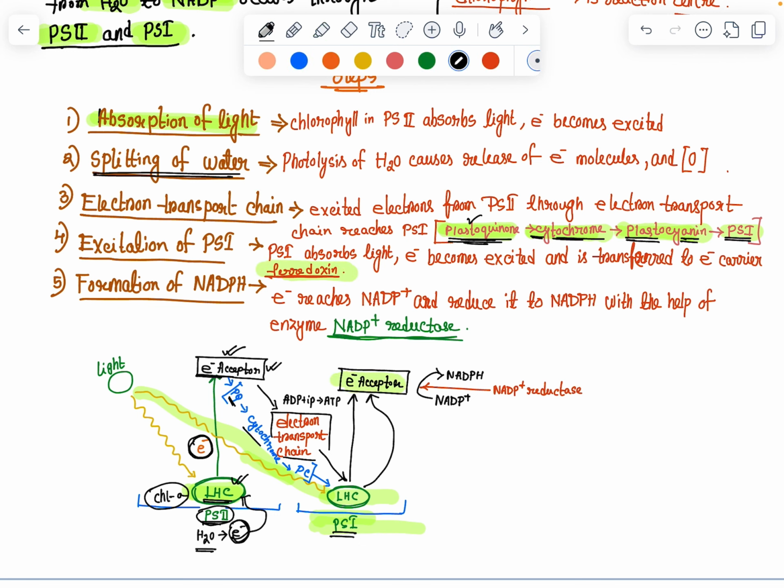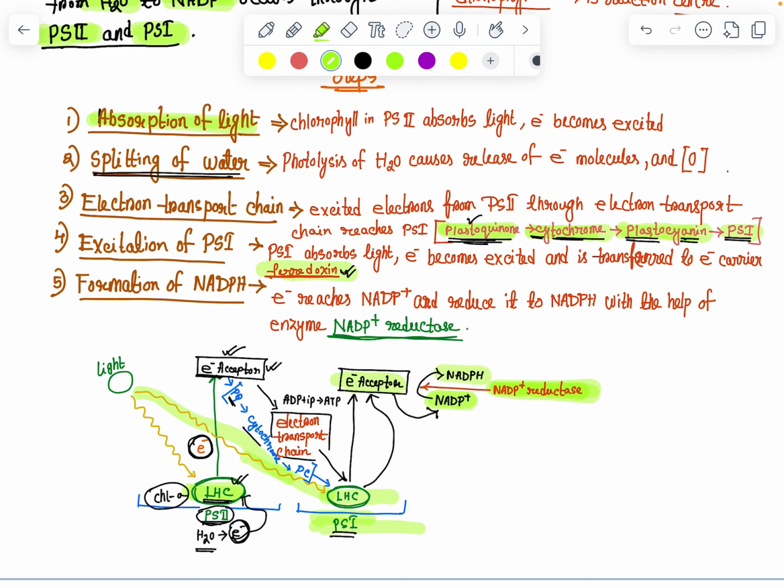Here the electron carrier is the ferredoxin. This will carry the electron and transfer it to NADP plus. Now this NADP plus will be reduced by the NADP plus reductase enzyme. This is the enzyme by which NADP plus will be reduced to form NADPH.